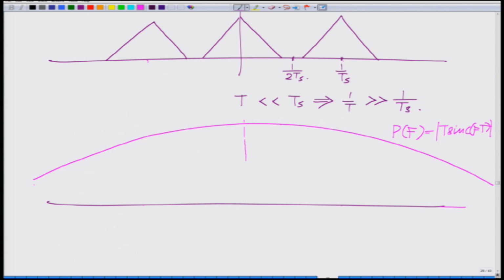Of course, at 0 this value is T, and the first zero lies much farther. So the first zero on the positive axis is at 1 over T.